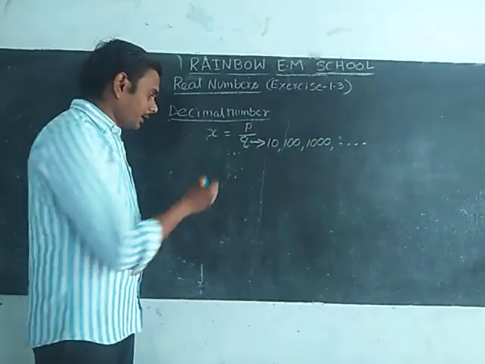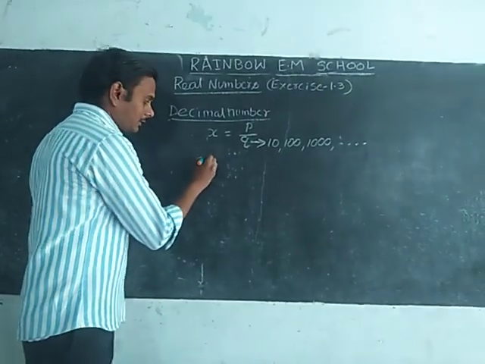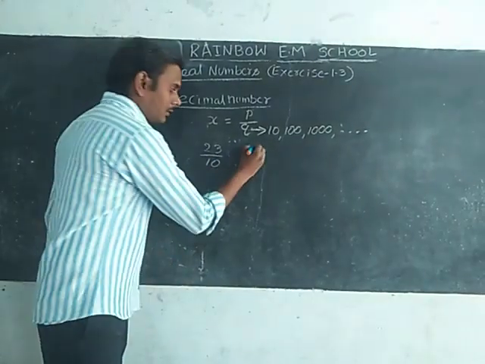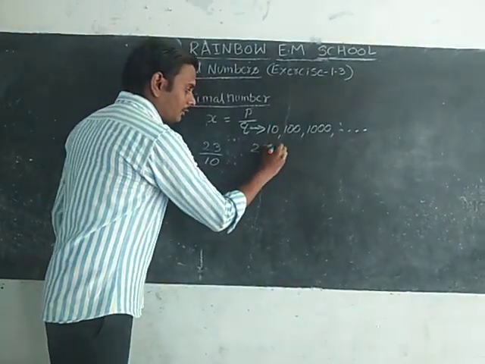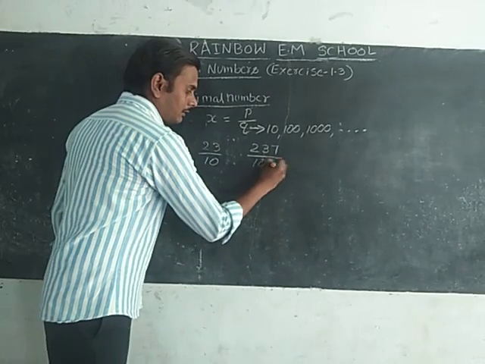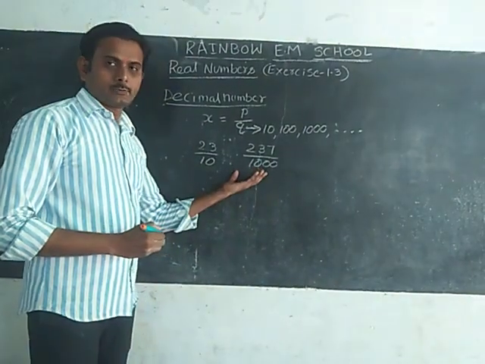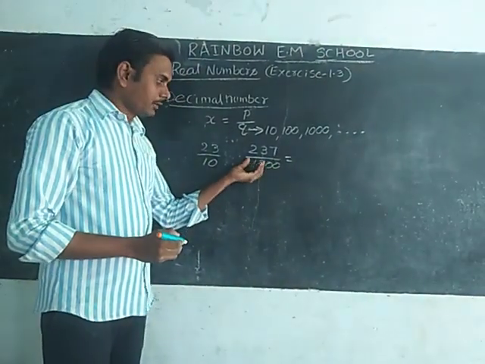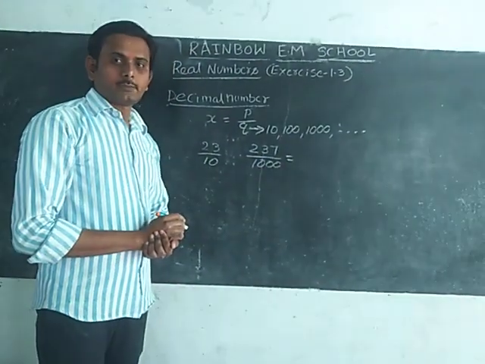If I take examples, 23 by 10 is a decimal number. 237 by 1000 is a decimal number. Decimal number means we can write it in fraction form. What is a decimal number?